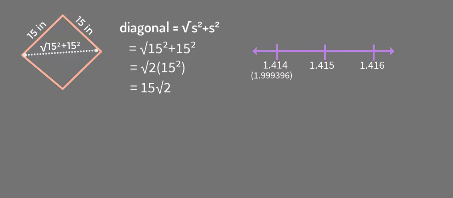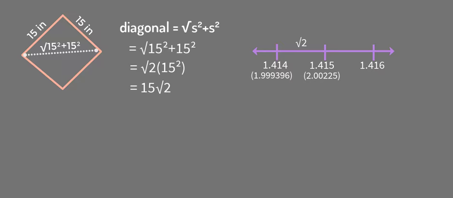And with 1.415, we're getting 2.00225. So now let's look at our actual diagonal, because we still need to multiply this times 15, and we need to know what it is to the nearest half inch.